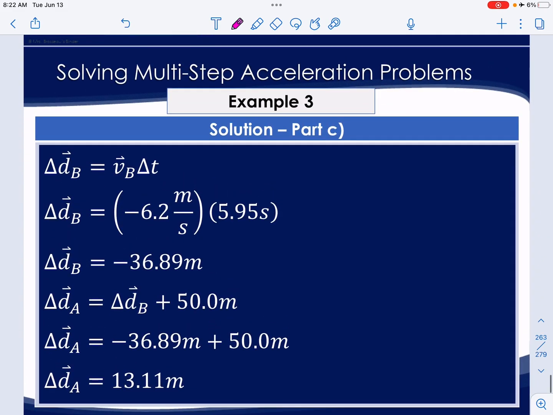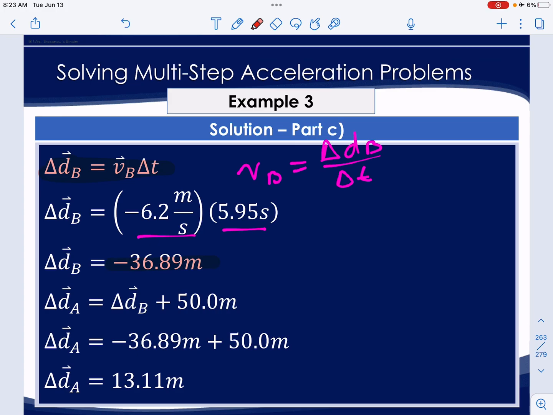So here, delta dB, we know that VB is delta dB over delta t, which if you arrange, looks like this. We can plug in our values. We know it's 5.95 seconds. We know the constant velocity is that, and we get our value to be negative 36.89.